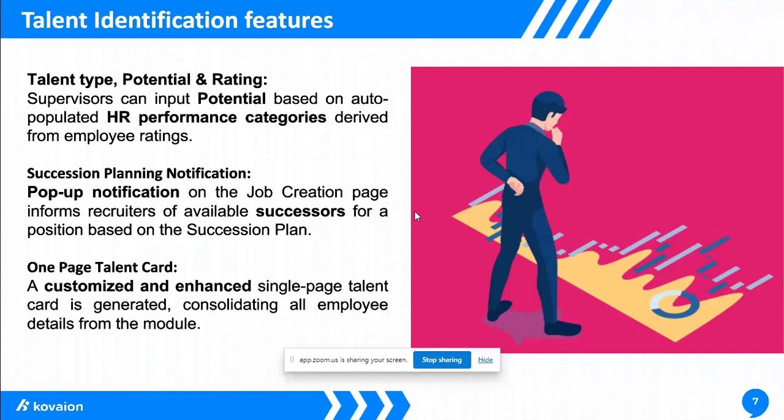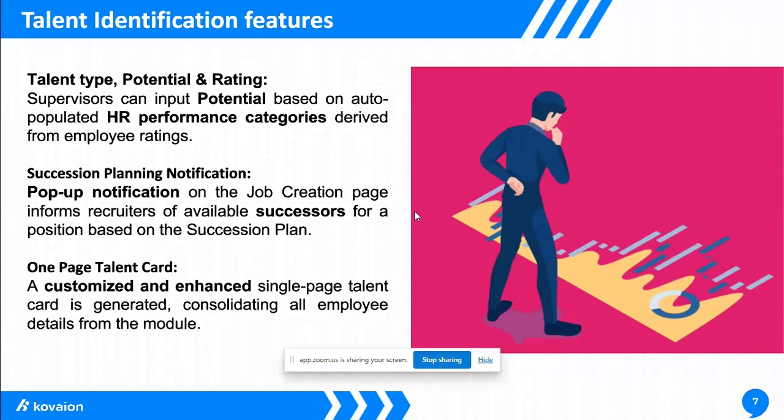We have a separate page for the potential type, and in that page the input is given by supervisors only, because that input can be given by the supervisor or admin only. Then we have the HR performance category, which is decided based on the previous fiscal year's rating of the employee, and this is automatically displayed through the logic whether the HR performance category is high, medium, or low.